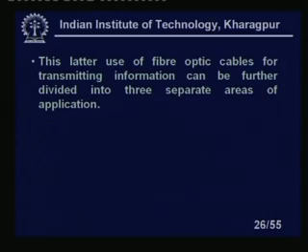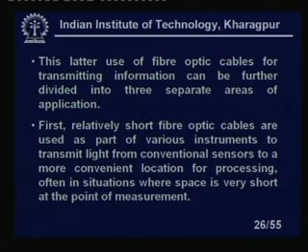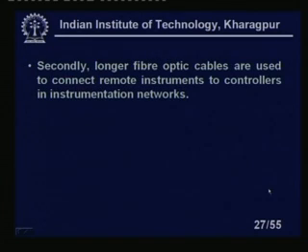The latter use of fiber optic cables for transmitting information can be further divided into three separate areas of application. First, relatively short fiber optic cables are used as part of various instruments to transmit light from the conventional sensor to a more convenient location for processing, often in situations where space is very short at the point of measurement.